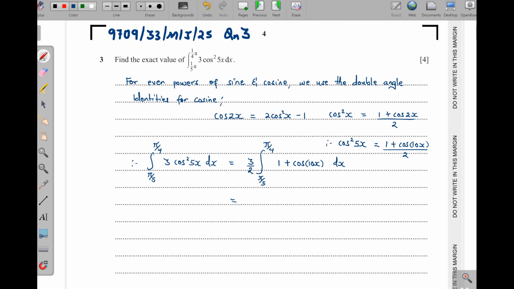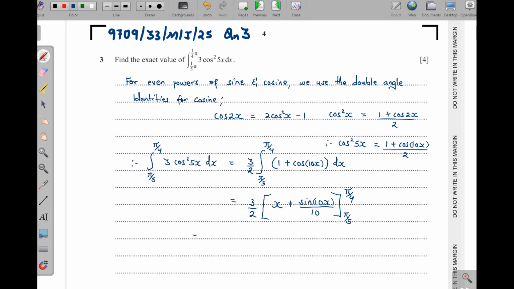And then when we integrate 1 with respect to x, we shall get an x, not so? When you begin the process of integration, you take away the integral sign and then you create these brackets. So we shall have the x there, then plus, when you integrate a cosine, you get a positive sine. Then you divide by the derivative of the angle there, which is 10. And then we can put these limits, pi over 4 and then pi over 5.